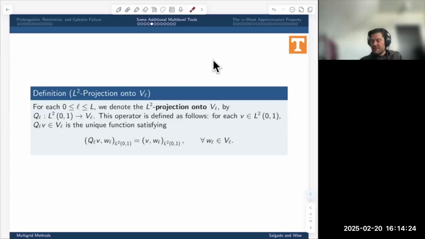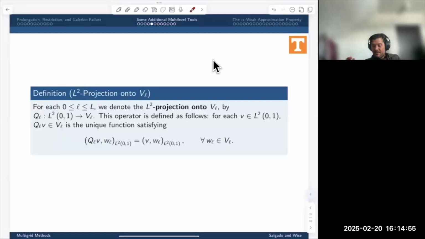So the operator is defined as follows, and this is the way an L2 projection is always defined. For each V in L2, remember, this is a function which is not even necessarily continuous. It's from this infinite dimensional space called L2, and it could be fairly ugly looking. We're going to call its projection QLV, and that projection is going to live in this finite dimensional subspace VL.